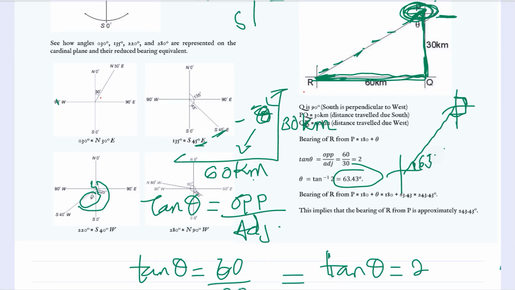63.43. And we can also use the alternate angle thing. If this is 63.43, automatically this place is 63.43. And 63.43 plus 180 rather.